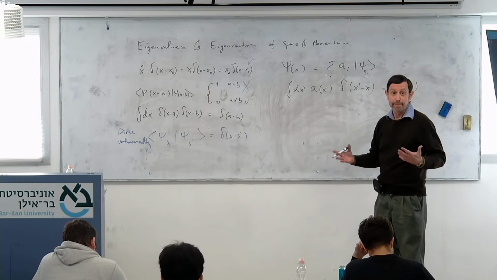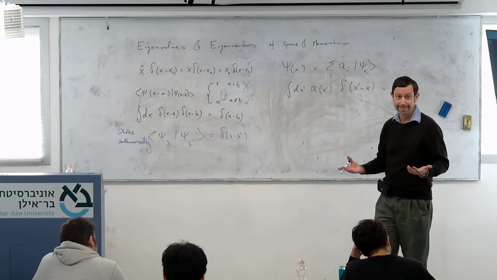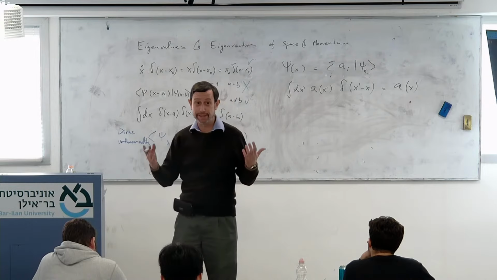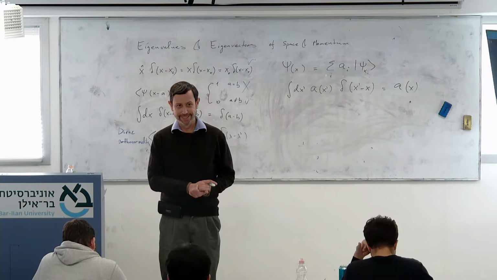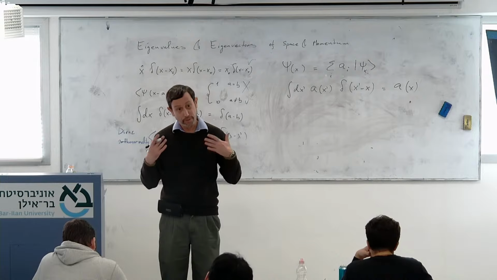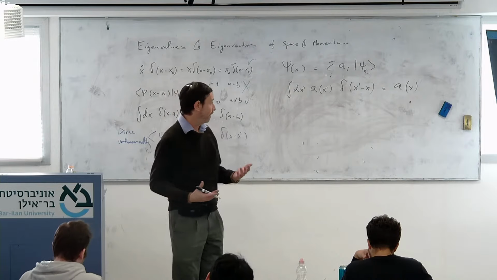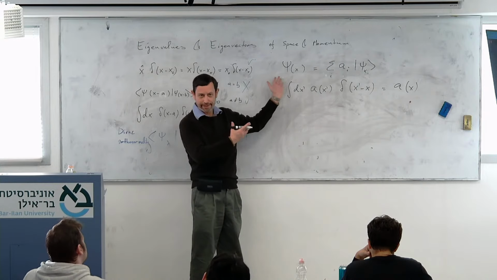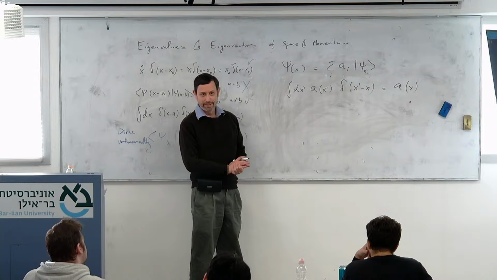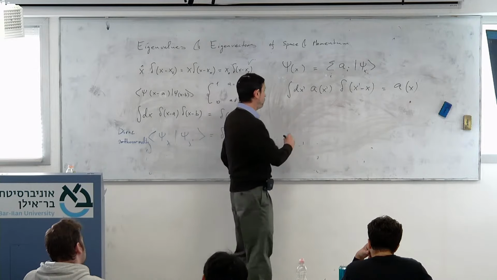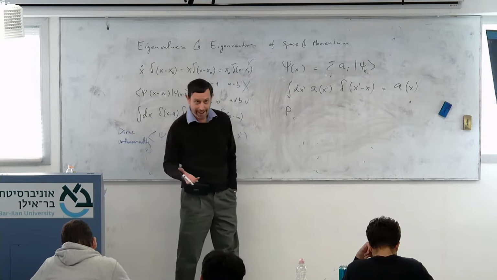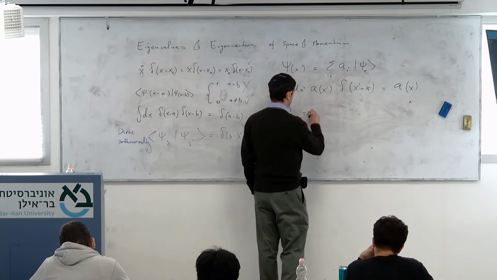So when I write psi of x, I write the amplitude that comes before the delta belonging to the wave function. And we forget this whole story and just write psi of x because we're working in the basis of x. And we know the probability of measuring some value I, it's I squared.